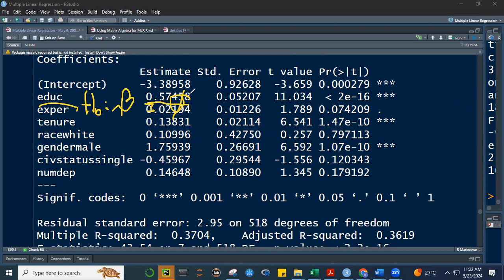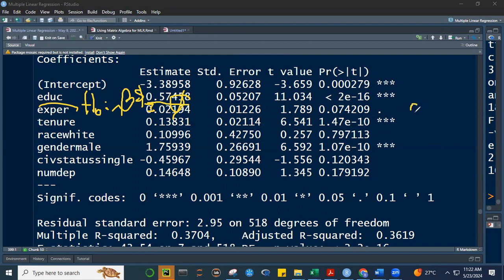And we learned how to interpret this. For every 1 year increase in education, and why year? Because the dimension of education is in years, there's a corresponding beta 1 effect on hourly wage. Since hourly wage is in dollar terms, there's a corresponding $0.57 increase in hourly wage.